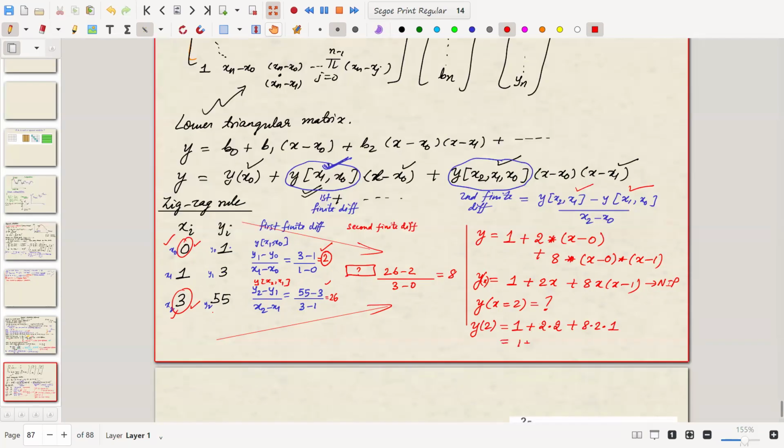What do you get? 1 plus 4 plus 16, 21. So this gives you an understanding. Do you believe this result? Why you believe this result? Any intuition? This is a common sense aptitude question. Why you think this result makes sense? y of 2 equals to 21.